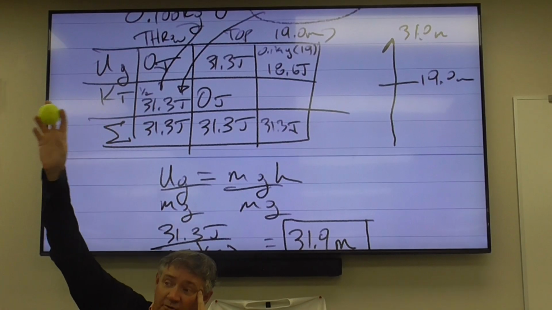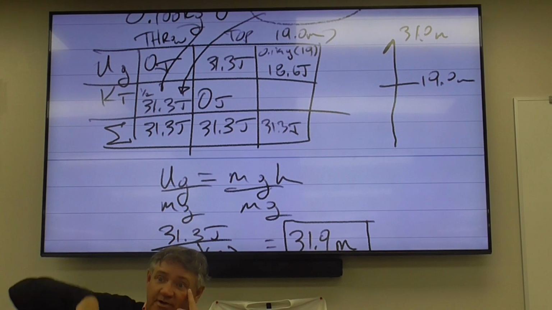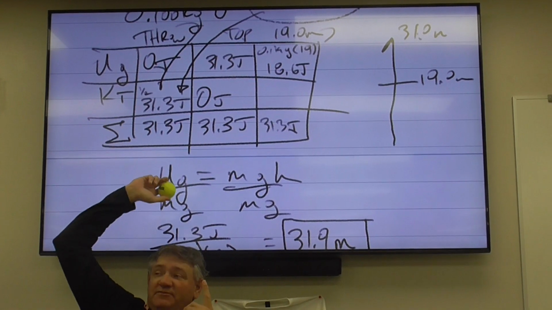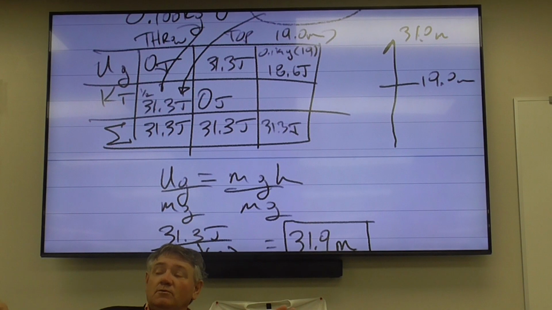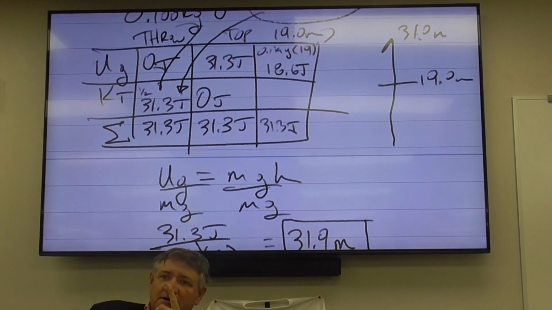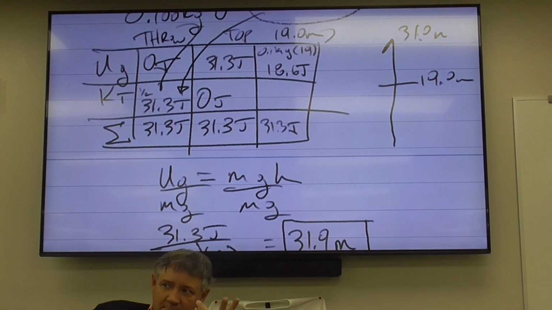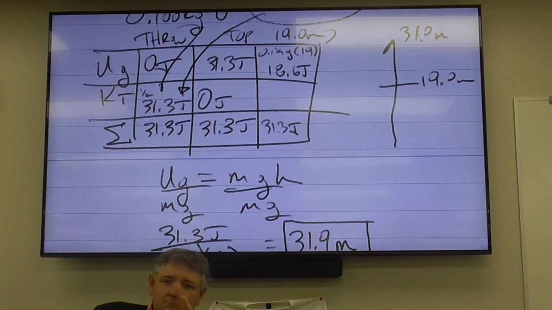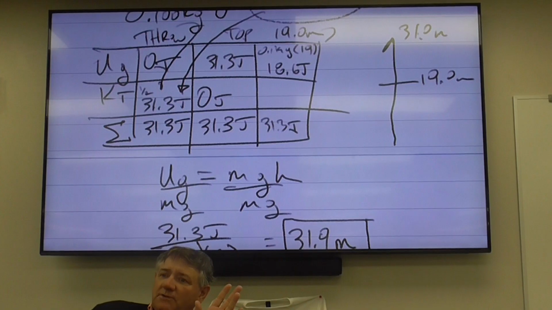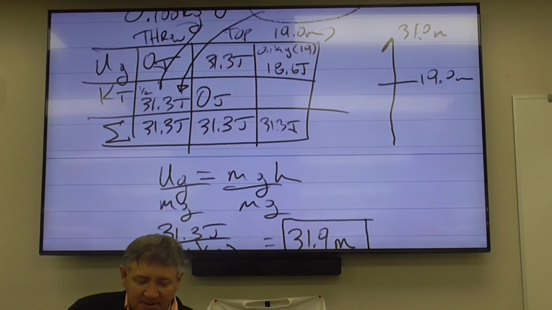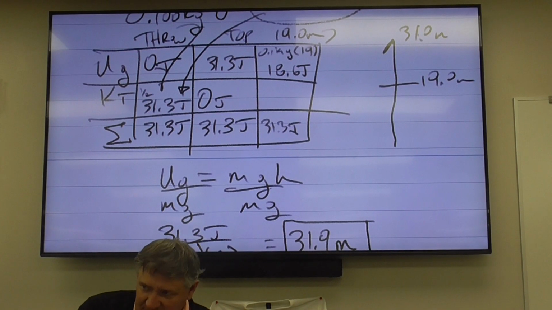So if I just hold it at 19 meters, whether it's going up or falling down, it doesn't matter. What's the only thing that determines the potential energy at the 19 meter mark? Height, mass, and gravity. Whether it's moving or not does not matter. Okay, so now I've got 18.6 joules.